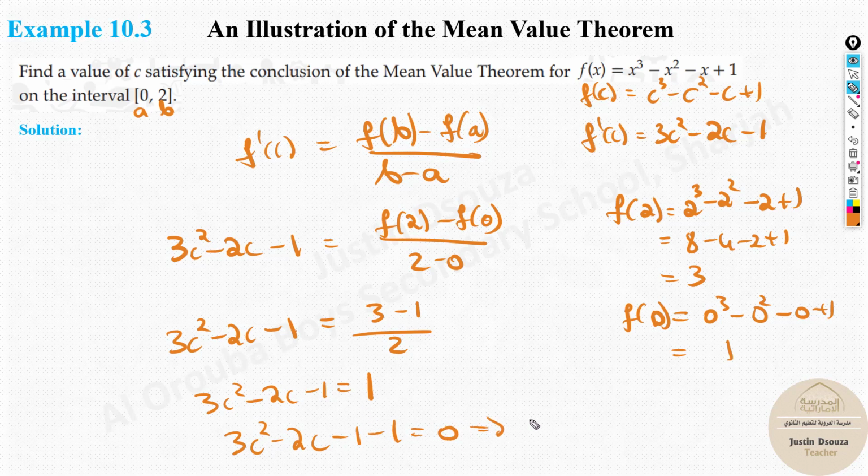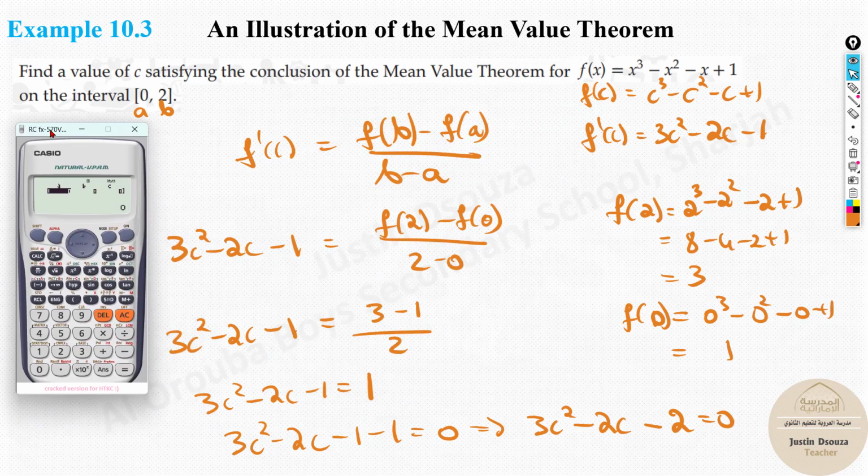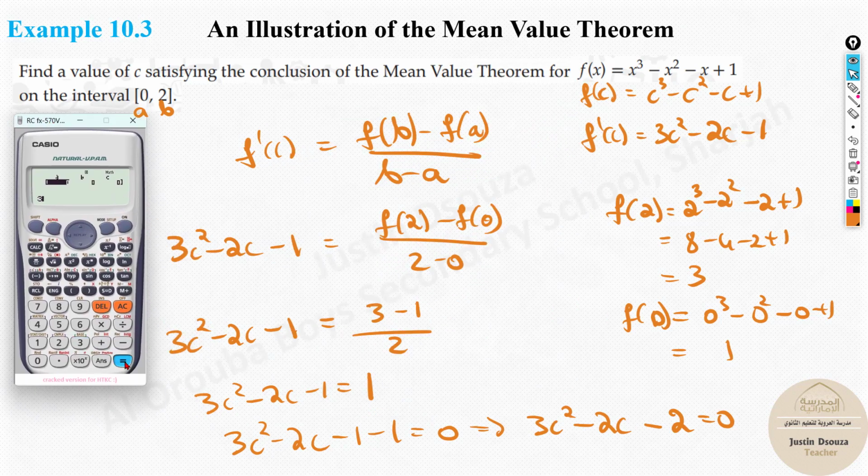This can also be written as 3c squared minus 2c minus 2 is equal to 0. Now you can take out your calculator and solve that quadratic equation. Here you just press mode 5 and 3. And now let's see. 3, equals, minus 2, equals, minus 2.